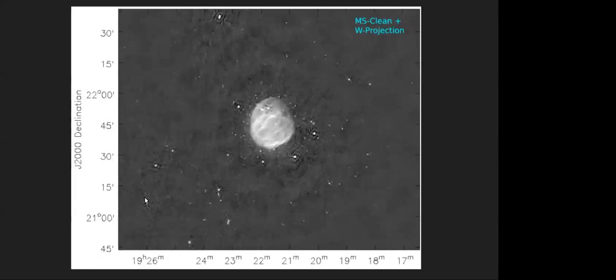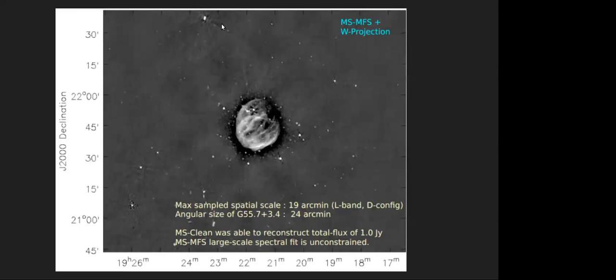Now let's move forward. Bernoulli came, and Bernoulli knows the W projection algorithm. He applied MS along with W projection. Now you see that the arc-like structure around these bright sources away from your phase center has gone. That is, these are no longer visible, right? Now Pritha came, and she knows multi-scale, multi-frequency synthesis, and also W projection.